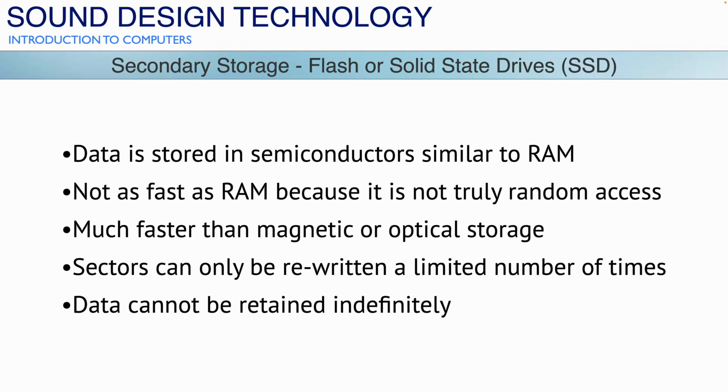You can only write and rewrite that sector a number of times, and then it just won't do it anymore. So if this is a drive that you're using a lot, over time the capacity is going to shrink and shrink until enough sectors have gone bad that it just doesn't really work anymore. A lot of the manufacturers will build extra drive sectors into it to account for that problem, to lengthen the life of it.